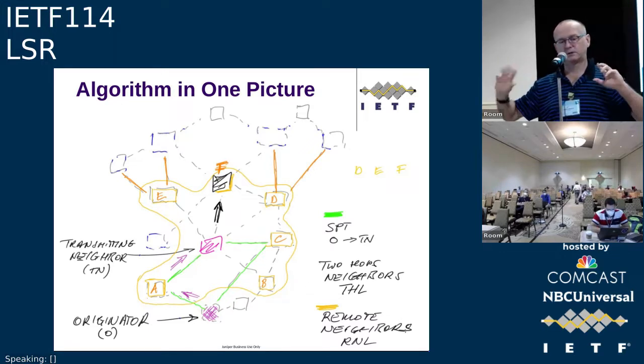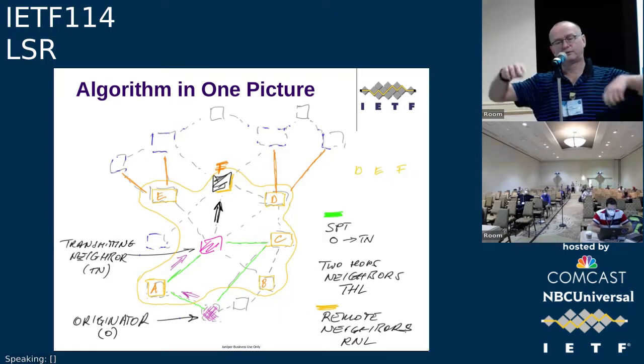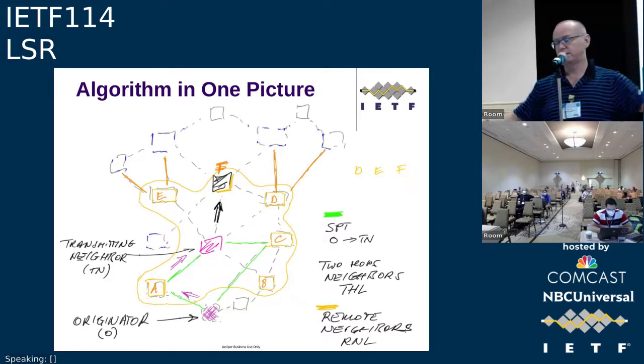Until you make this mental step that you're really computing on behalf of the guy transmitting towards you, you won't understand. The moment you make this mental leap, it becomes easy, right? You're one of the guys in the middle, one hop away from him, and you have to decide whether you cover the two hop for him or you don't, right? Basically the algorithm reduces a bunch of nodes in a distributed fashion. If you're one of those, you have to retransmit, and if you're not, you just shut up, because you know that other nodes already covered the two hop neighbors, right?